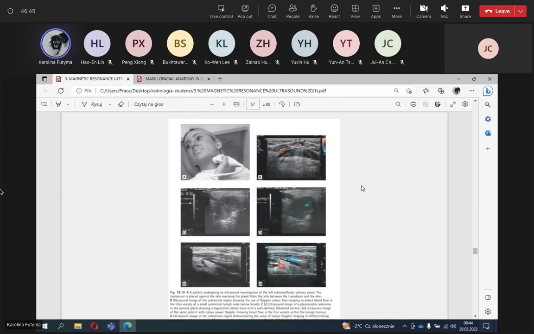Those different colors are made to differentiate the blood flow. The red color means that blood flows toward the probe, and the blue color means that blood flows directly away from the probe.